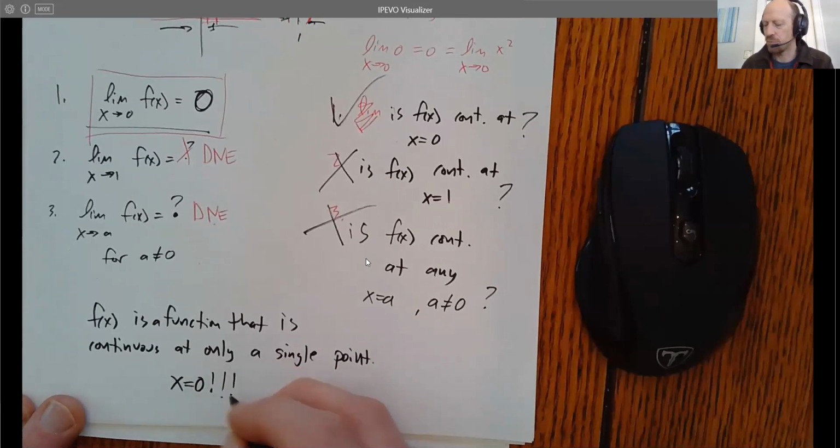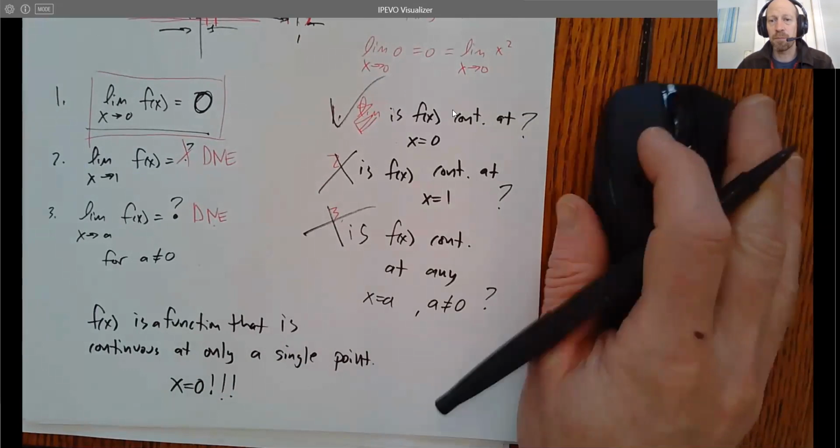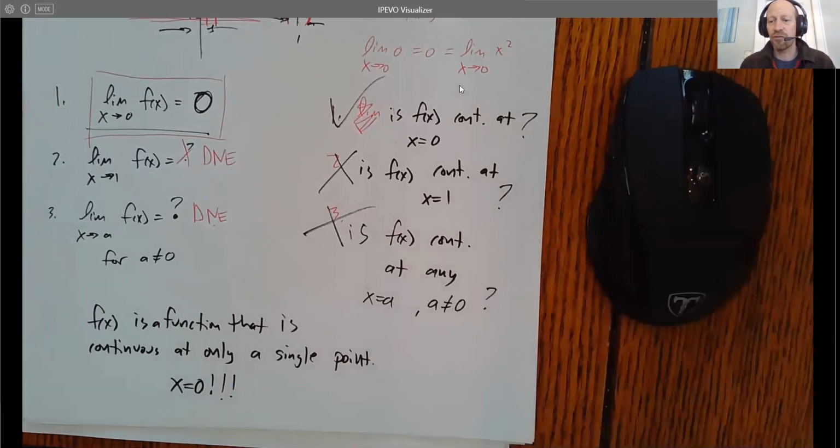Maybe I should put that with exclamation points afterwards. Because that sort of doesn't seem to work, right? Continuity doesn't feel like something that can exist at just a single point, right? We imagine it as a smooth curve, all these points sort of linked together.